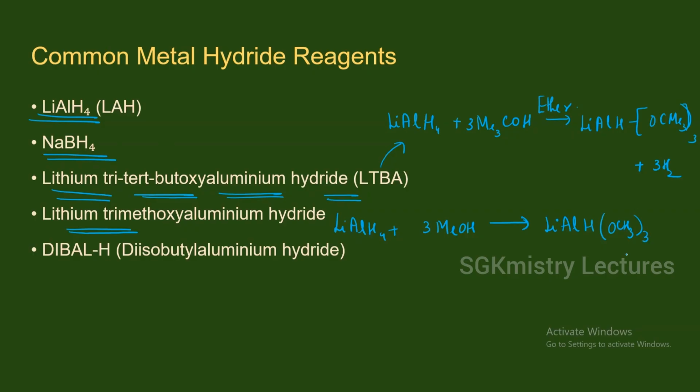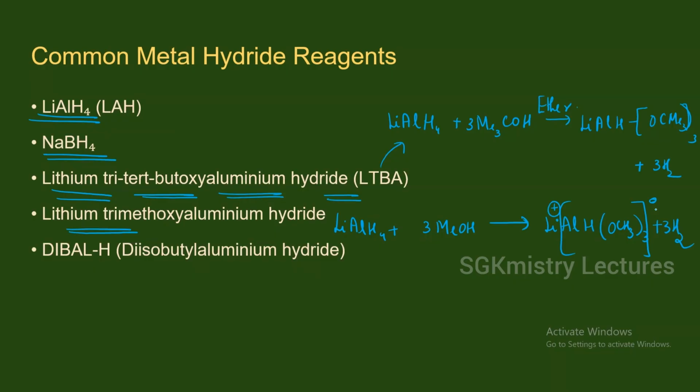There are 3 such methoxy groups attached to this particular group. So we have again 3H2. Here this will be the cation and this will be the anion present in this compound. And DIBAL-H we have already discussed, diisobutyl aluminum hydride, written as DIBAL-H, right? So this also we know.